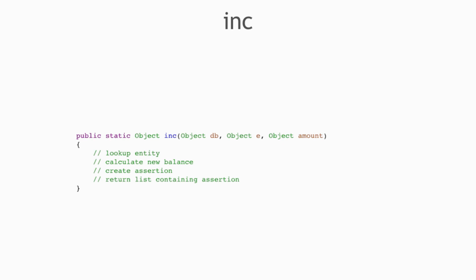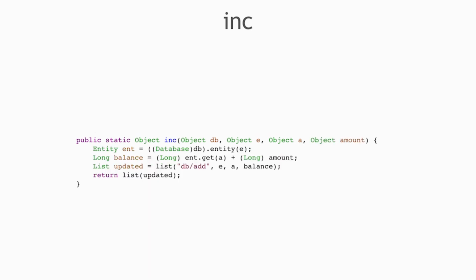So there's the actual implementation. This is not using Clojure now. This is using Java. But grab the entity out of the database, look up the amount from that entity, grab the attribute, add the amount, then manufacture a list that has in it db add entity attribute value, and then return that list wrapped up as transaction data.